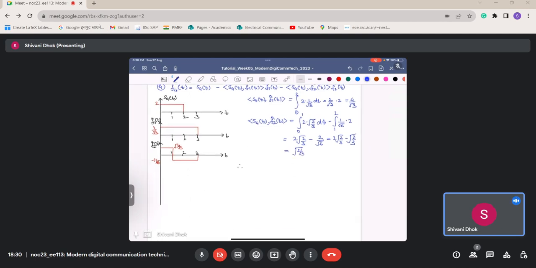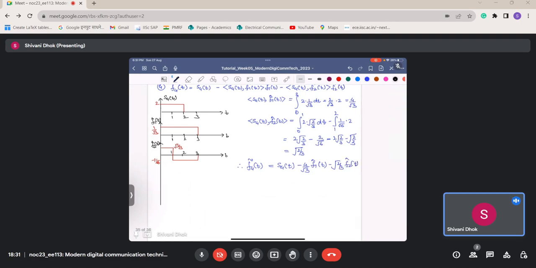Therefore f4 tilde of t comes out to be s4 of t minus 4 by root 3 f1 hat of t minus under root of 2 by 3 into f2 hat of t.